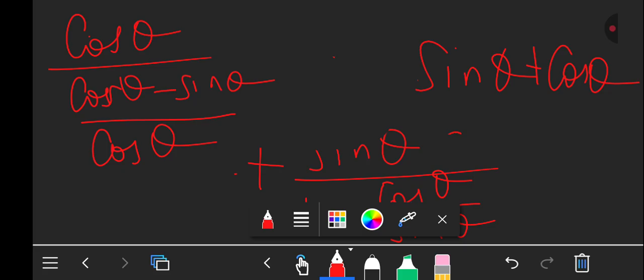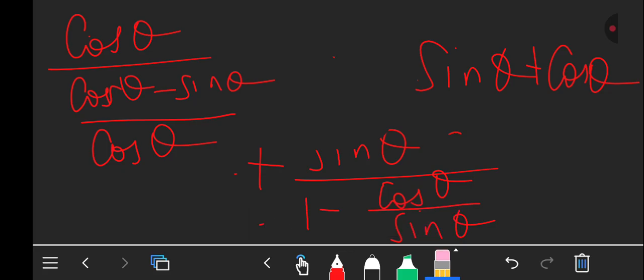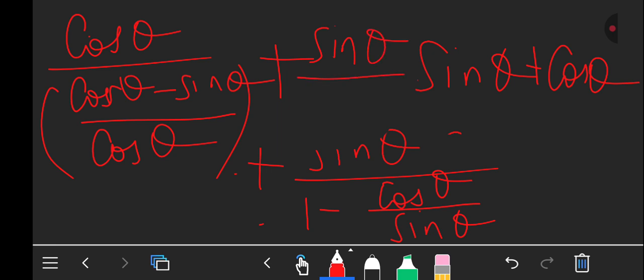Then you go to the other side, and you do the same. So this is plus, and this is our denominator. So plus sine theta over, you do the same, the simplest way of subtraction.